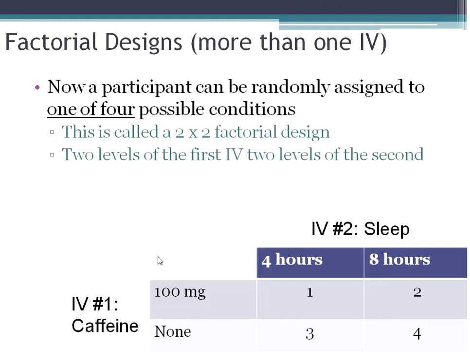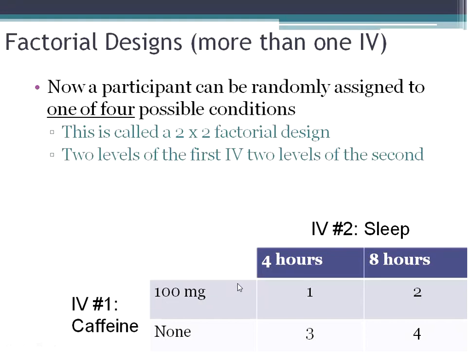And this is what we call a 2x2 factorial design, because variable 1 has 2 levels, and variable 2 has 2 levels. And 2 times 2 is 4, which means there are 4 possible conditions our participants could end up in, right? So when you walk in the door as a participant, you might be in the 8-hour group that wakes up and drinks no caffeine, or you might be in the 8-hour group that wakes up and drinks 100 milligrams.